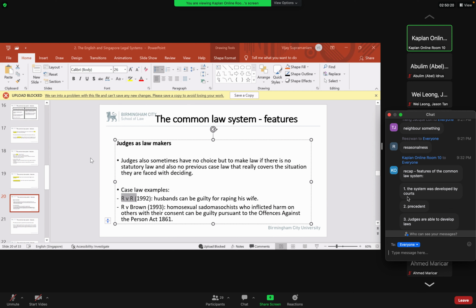That's the precedent. So when this lady went to court, the law was against her. The 100-year-old precedent showed that husbands cannot be guilty of rape in marriage.